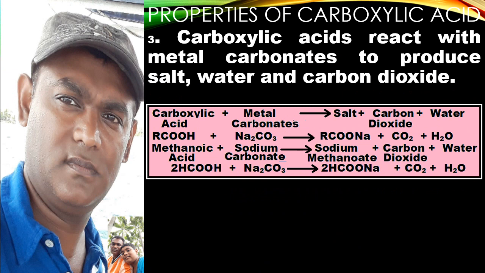Another important property of carboxylic acid is that it reacts with metal carbonates. They react with metal carbonates to produce salt, water, and carbon dioxide. For example, methanoic acid reacts with sodium carbonate to produce sodium methanoate plus carbon dioxide and water.